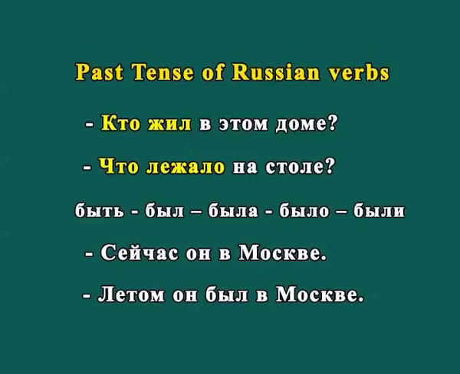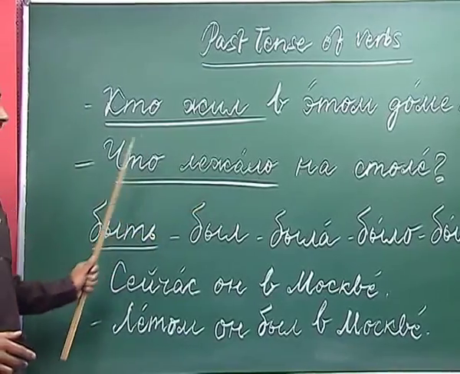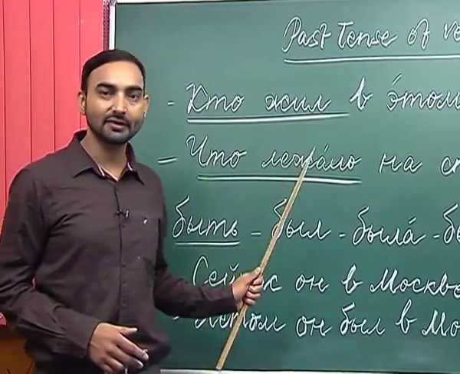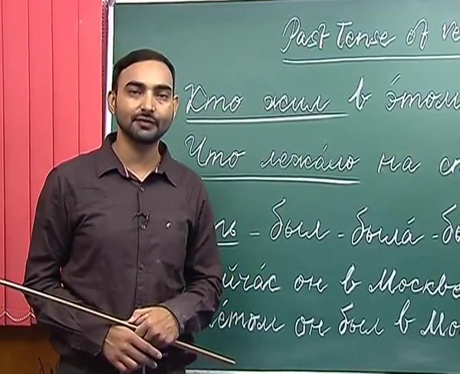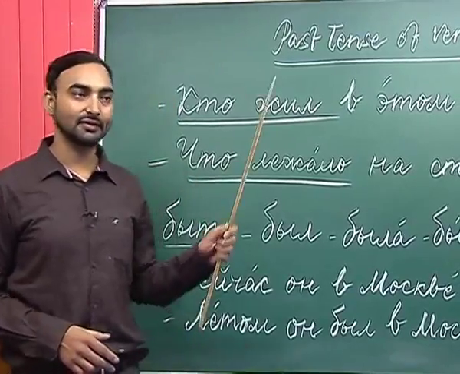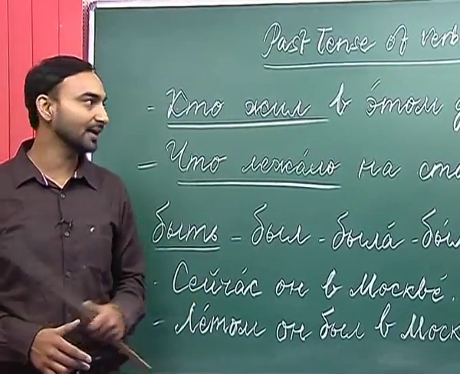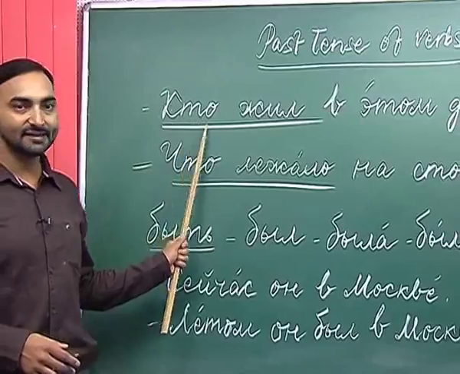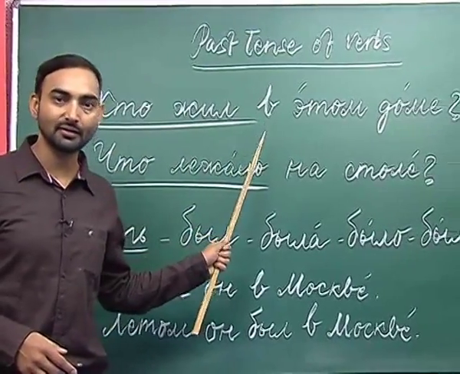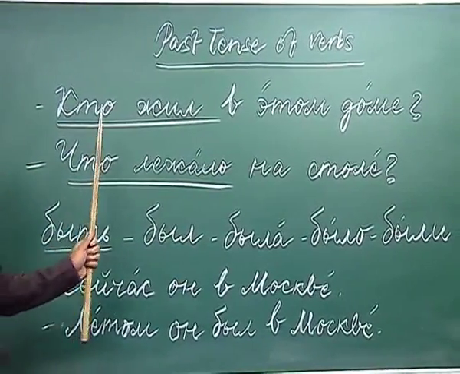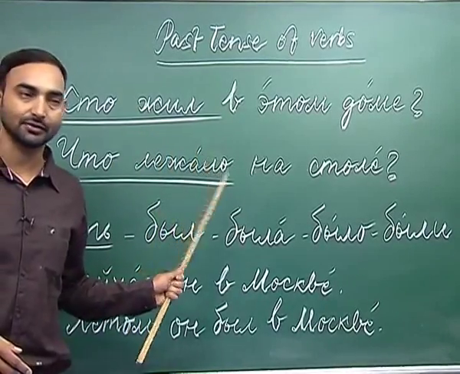So, what was lying on the table? Here you can see chto requires the neuter gender form of the verb in the past tense. This thing you have to keep in mind, because kto takes the masculine form of the verb and chto takes the neuter gender form of the verb.